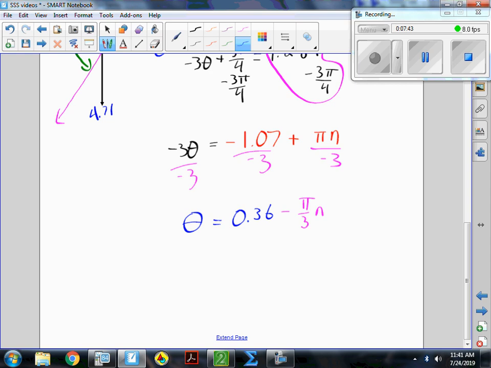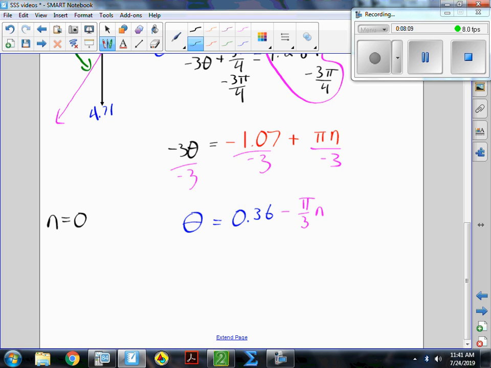Okay, so there we have it. We have theta equals 0.36 radians minus pi over 3 n radians. So I can let n equal 0. That'll give me an answer between 0 and 2 pi. If I let n equal 1, that's going to give me a negative number because I have 0.36 minus pi over 3 n.